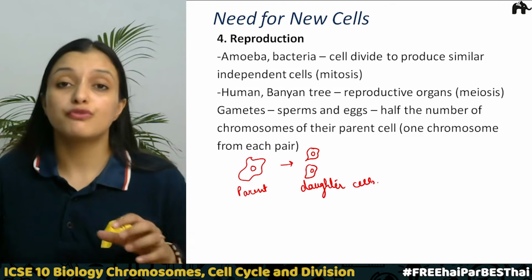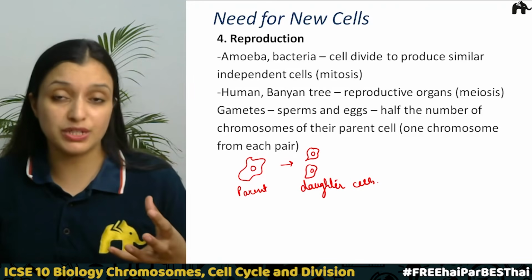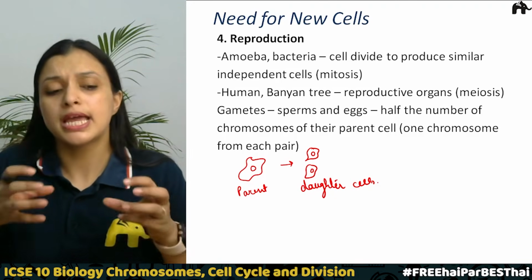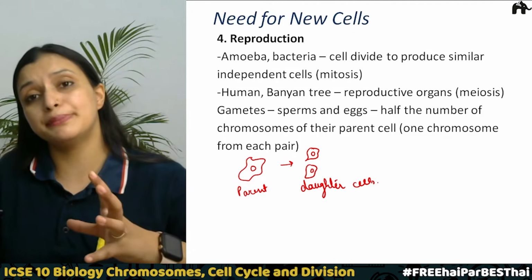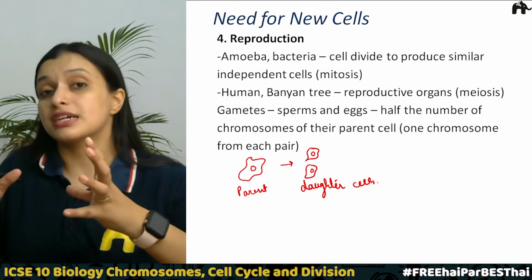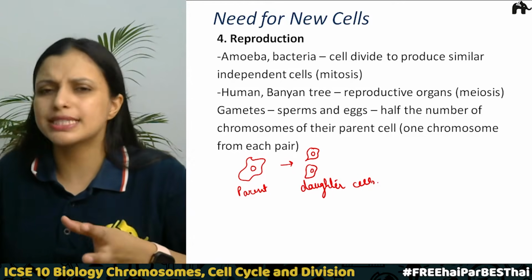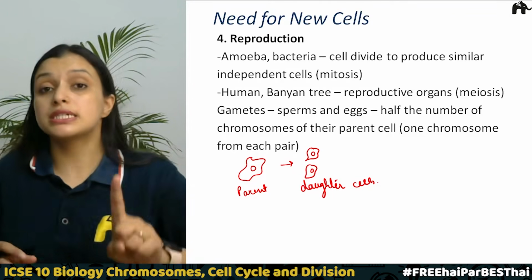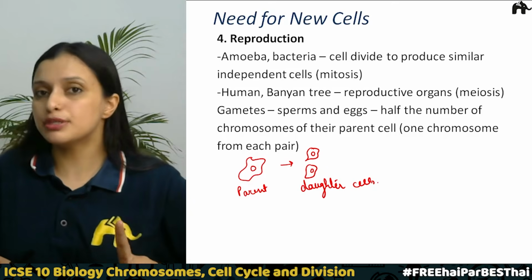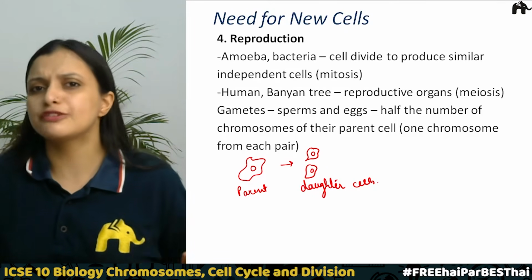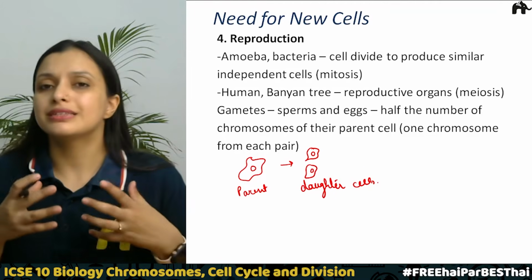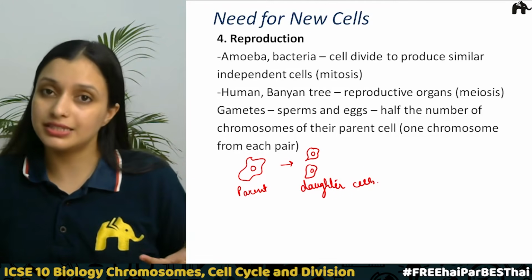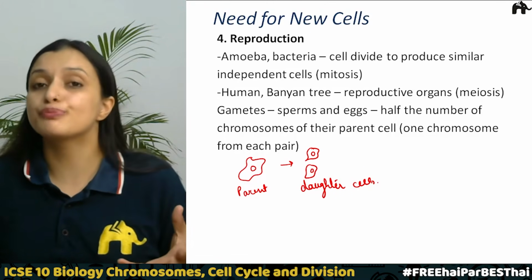With the help of the cell division type, that is mitosis, this parent cell will divide into two and produce two independent cells called daughter cells. Why independent? Because this single cell is able to perform all the functions important for living on its own. It does not need any other cell to perform its life processes.